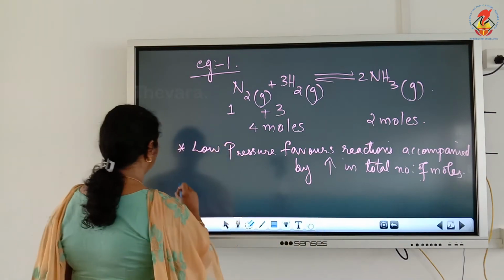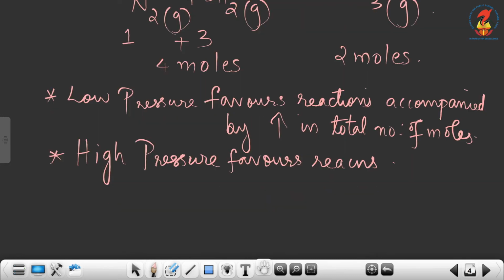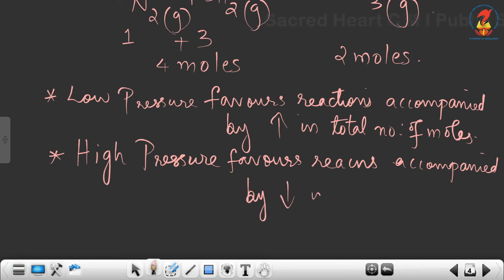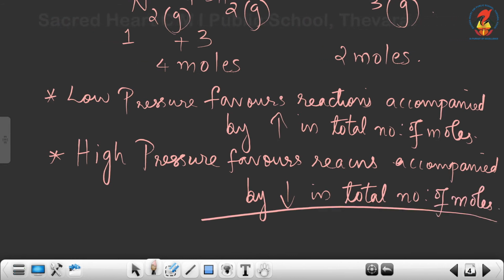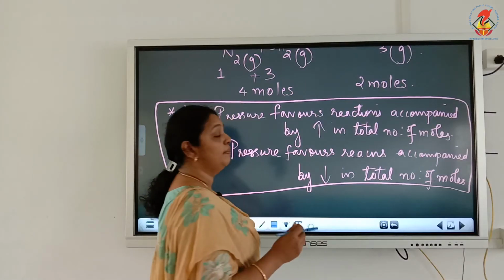Now next I am going to write the next point: high pressure favors reactions accompanied by decrease in total number of moles. Again, these 2 points are very important to study the effect of pressure.